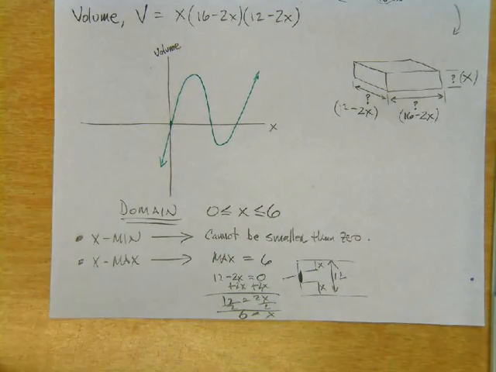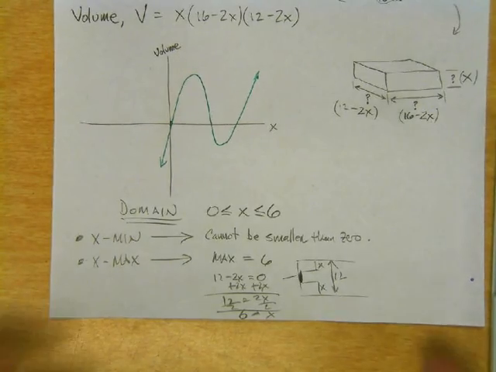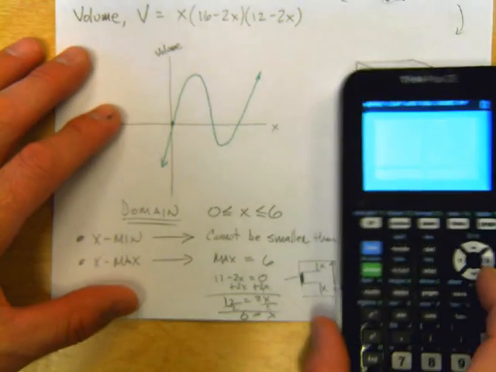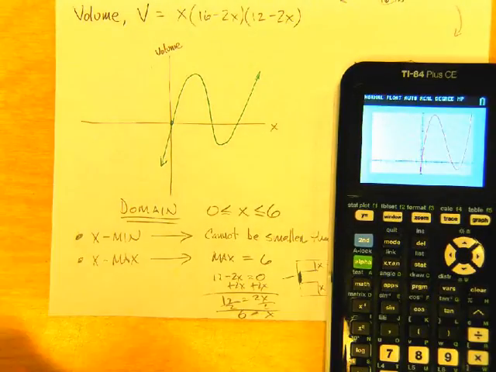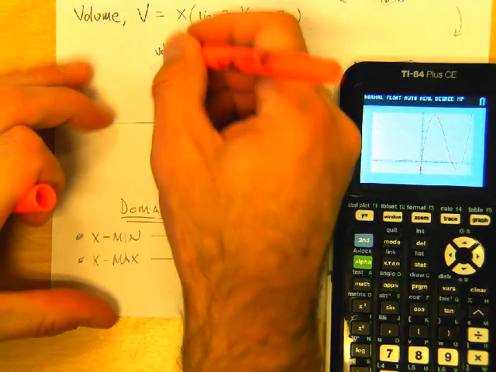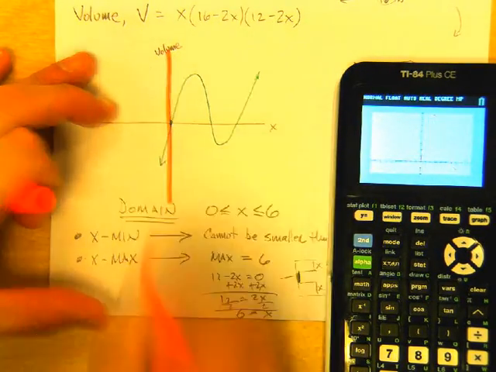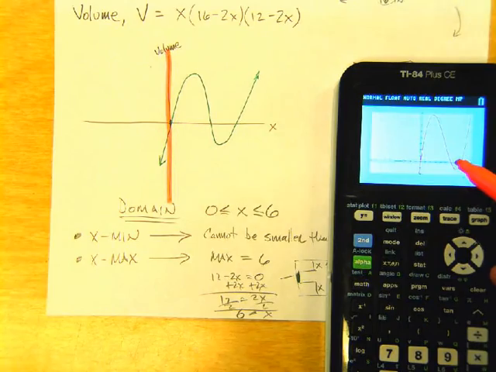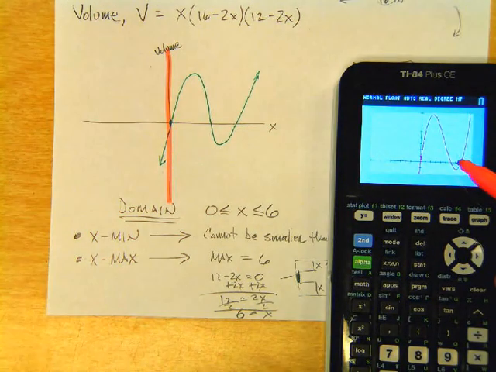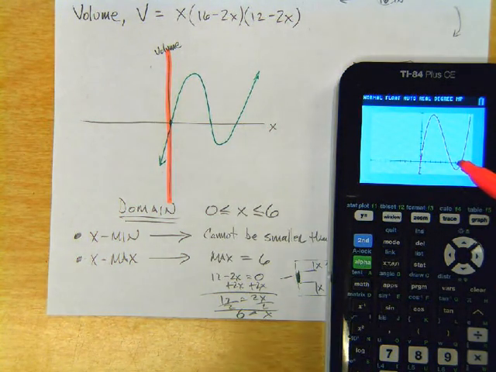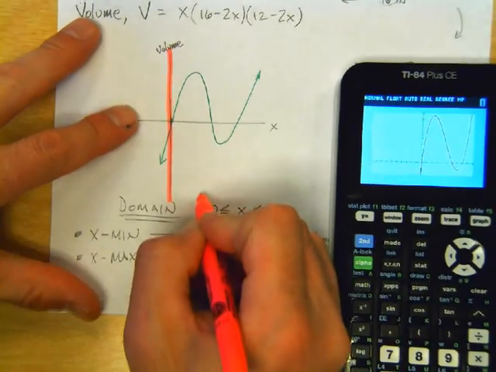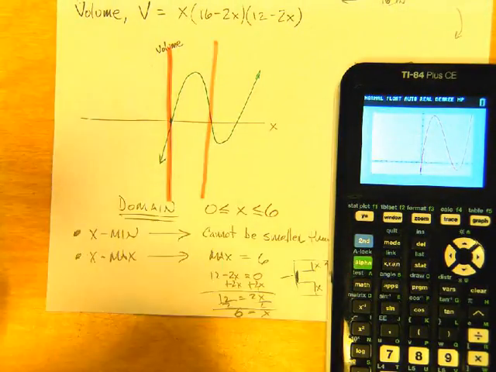Okay? Now, what I'm going to do is I'm going to look at my calculator, and I'm going to say that there's 0. What's that x-intercept right there? 1, 2, 3, 4, 5, 6. So there's 6.